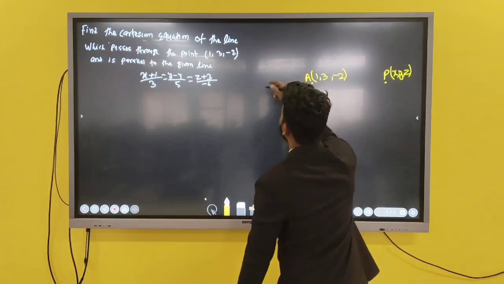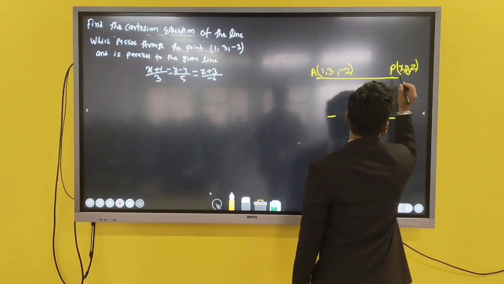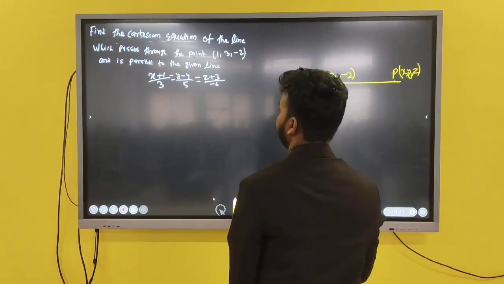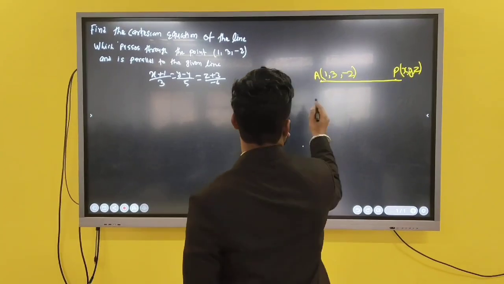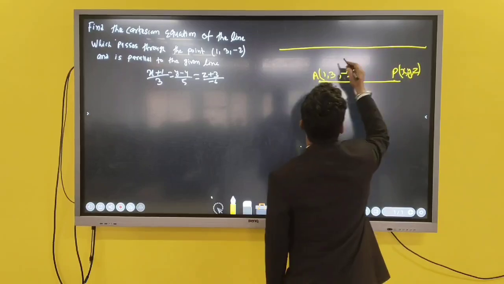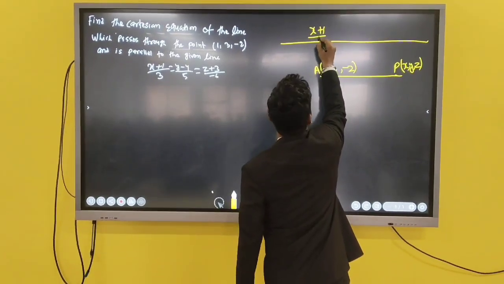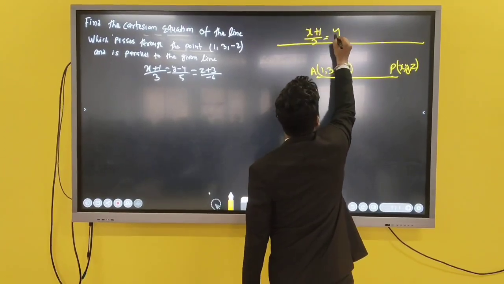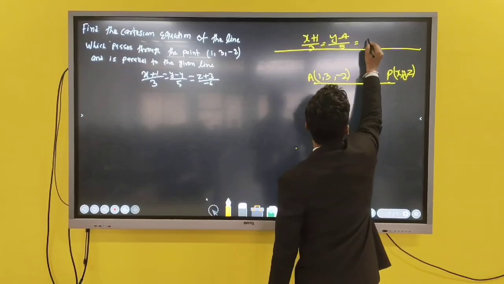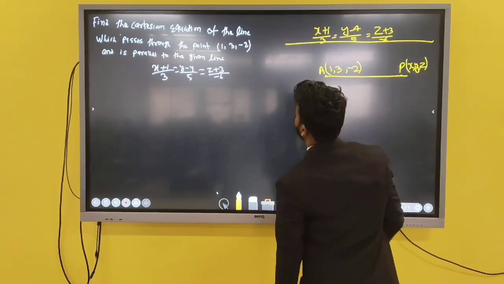Let's join these two points. A line is given which is parallel to this AP line. Let's draw that line, and its equation is (x+1)/3 = (y-4)/5 = (z+3)/-6.